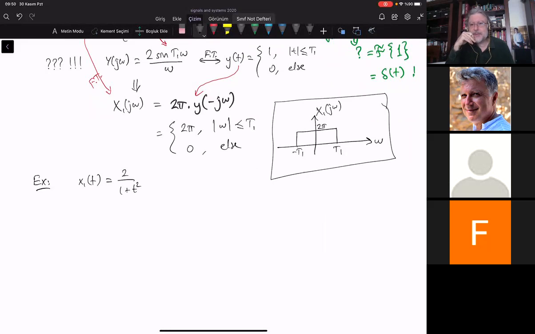In the exam, some of the students just tried to obtain the Fourier series coefficients just by inserting into the formula. That was very difficult. You should use the properties all the time, as long as you can. So this is a difficult signal to take the Fourier transform of.